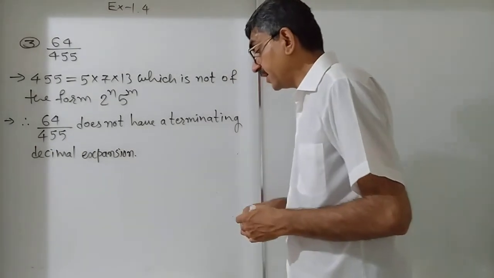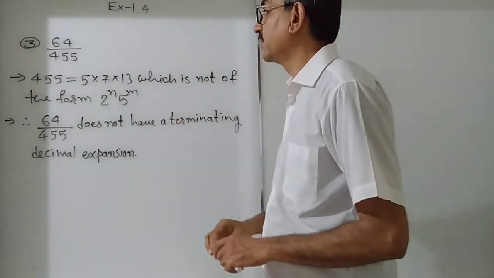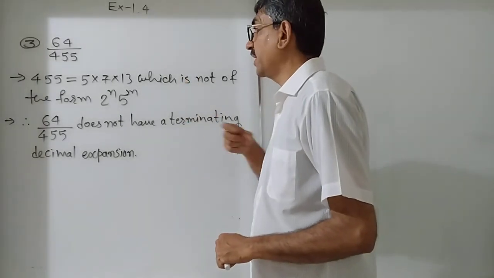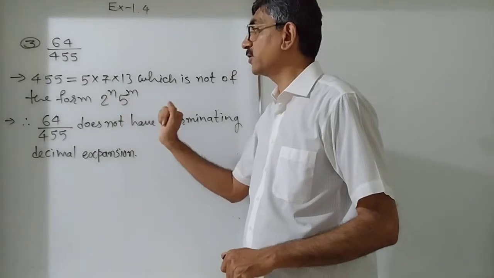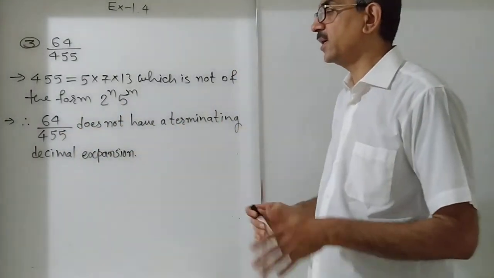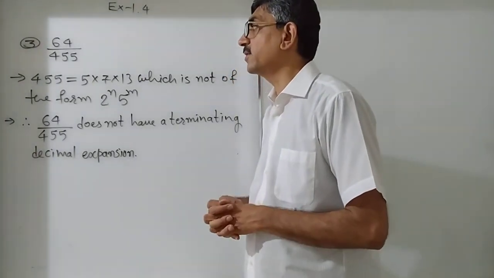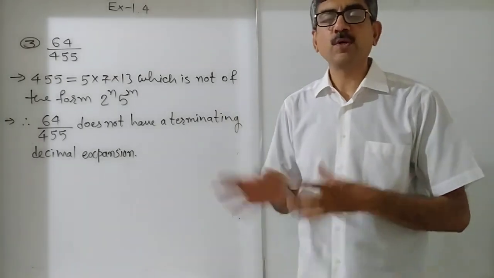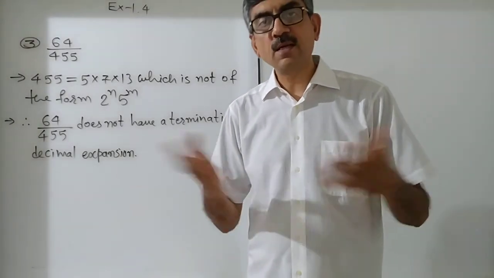So when there is some other factor besides 2 and 5, what statement should we write? Which is not of the form 2 raised to n, 5 raised to m. Therefore, this does not have a terminating decimal expansion. If it is not terminating, then we need not express it in decimal form because it is recurring. Okay, the remaining sums we shall see in the next lecture.